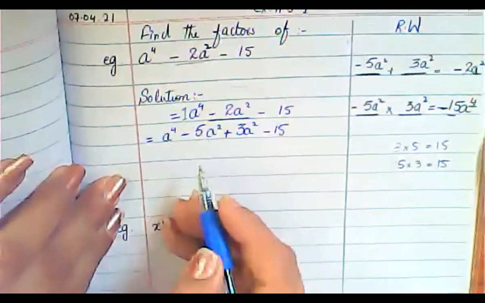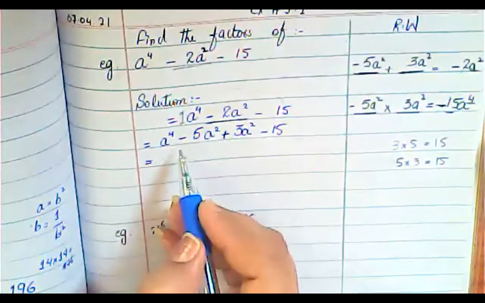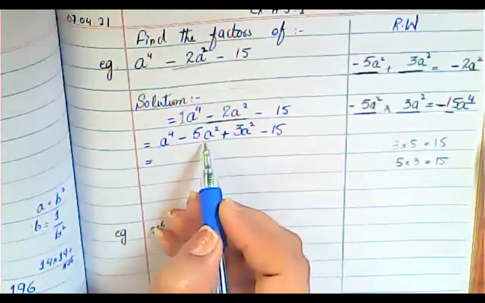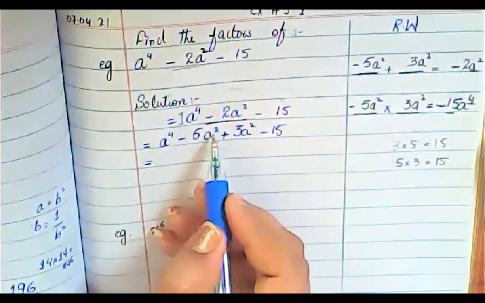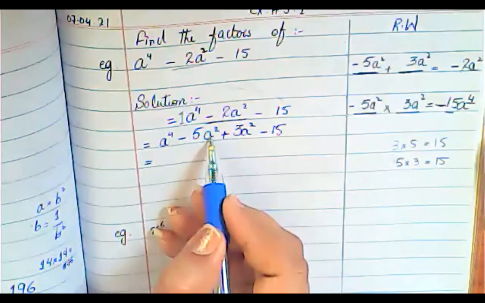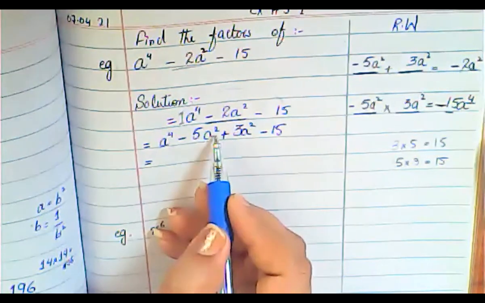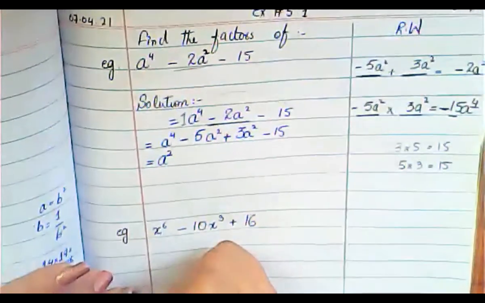So in first two terms, what is common? Can anyone tell me what is common? Here you have variable a, here you have variable a, right? Here you have 4 and here you have square. So always we will take the least power. So the least power of a here is square. So we will take a square as a common.